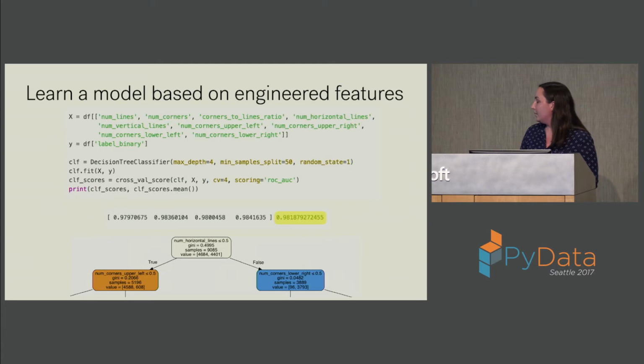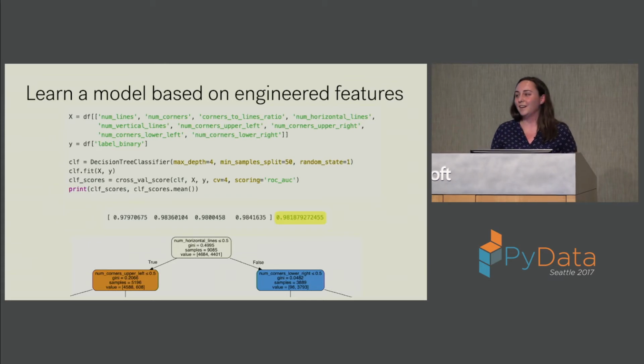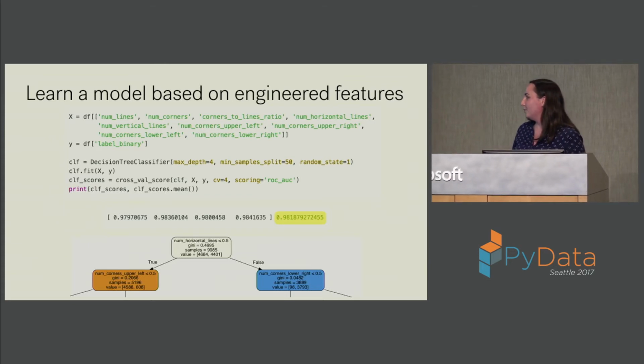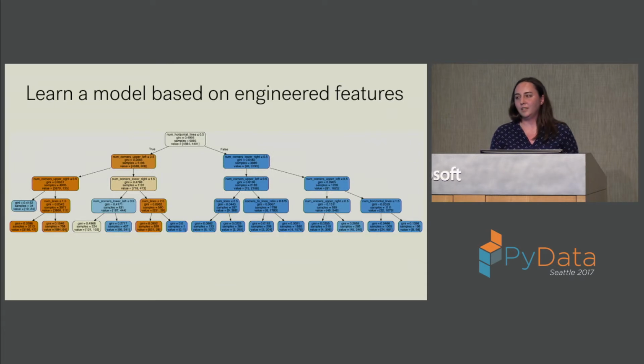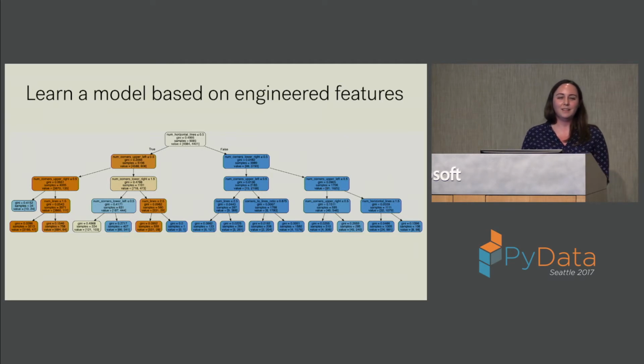And when I introspect on what the decision tree is, it's actually telling me things that I can use if I'm drawing numbers. Check the number of horizontal lines, check how many corners are in the upper left. So that's a really great first step. But there's one issue here, which is number of horizontal lines seems to be separating the ones from the sevens really well, and a little too well.